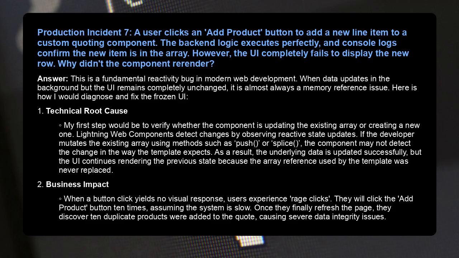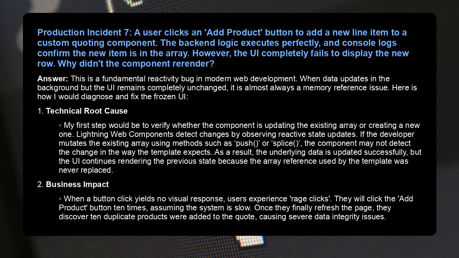Answer: this is a fundamental reactivity bug in modern web development. When data updates in the background but the UI remains completely unchanged, it is almost always a memory reference issue. Here is how I would diagnose and fix the frozen UI. 1. Technical root cause. My first step would be to verify whether the component is updating the existing array or creating a new one.